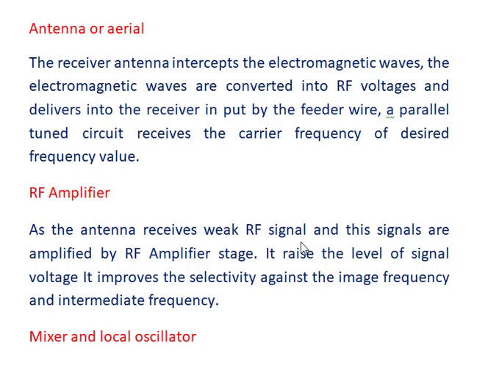The image frequency is the same frequency with a different sign, but it is a different type of wave. So the work of the RF amplifier is to amplify and to select the proper frequency value.